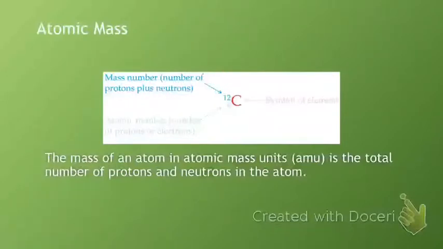One proton and one neutron are both equal to approximately 1 AMU. Whereas an electron we don't even include when trying to determine the mass of an atom, because it's 1/1800th the mass of a proton. And so there's no way to have enough electrons for them to significantly affect the mass of an atom.